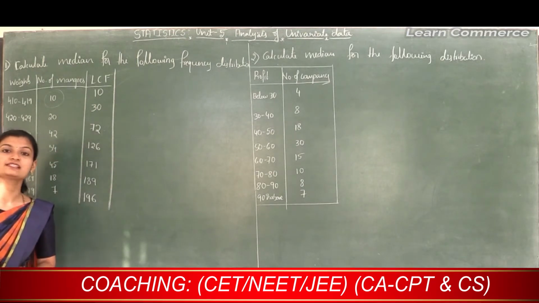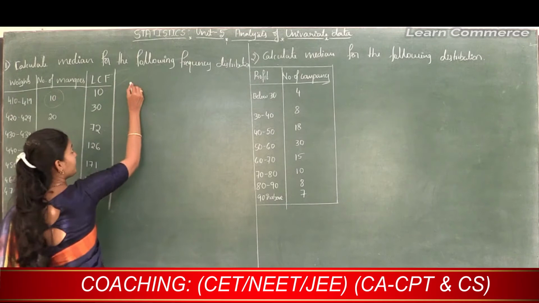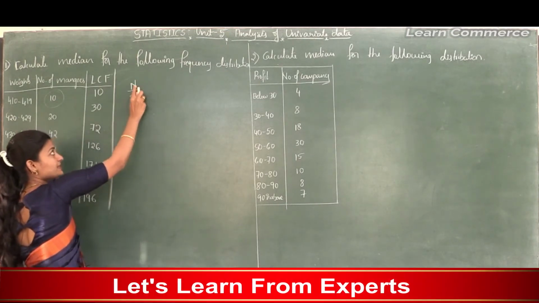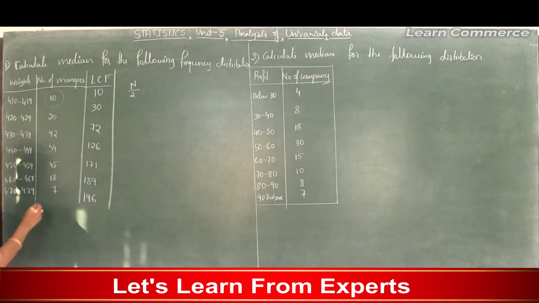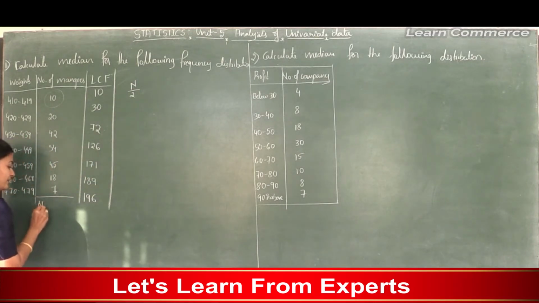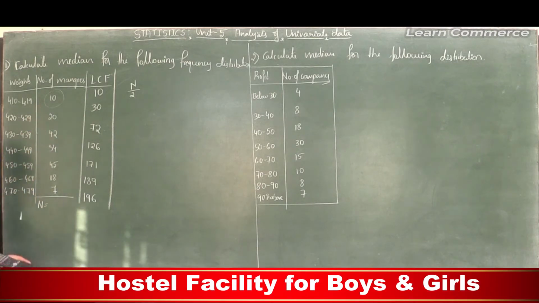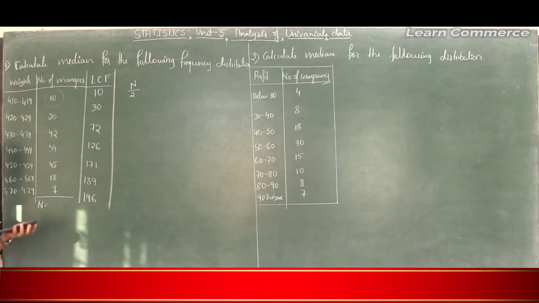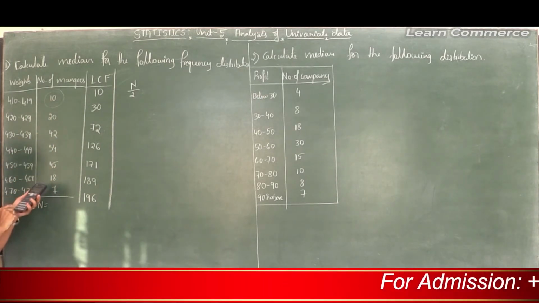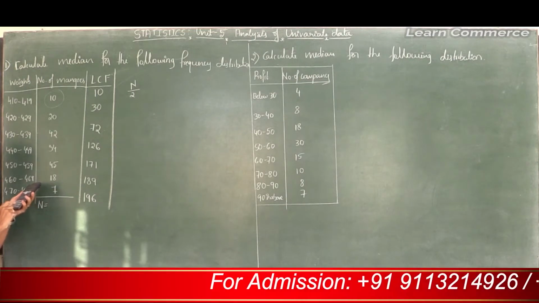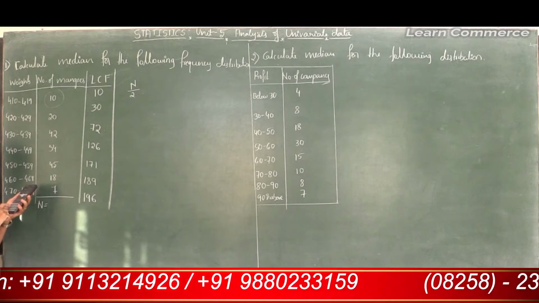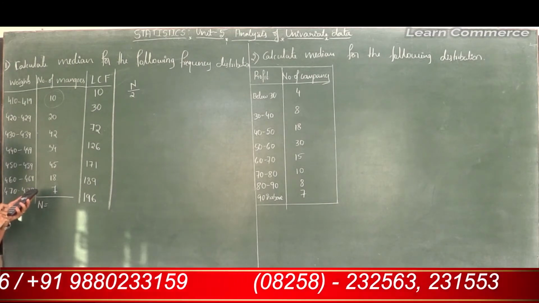Step 2 is find N by 2. Here capital letter N is the total number of frequencies. How to find it? If we add these frequencies, we get the total: 10 plus 20 plus 42 plus 54 plus 45 plus 18 plus 7.